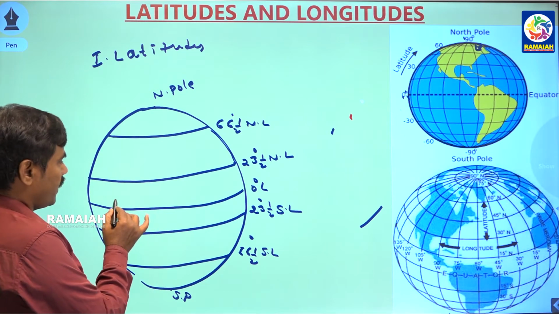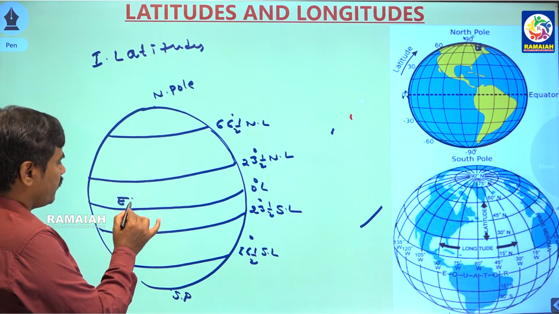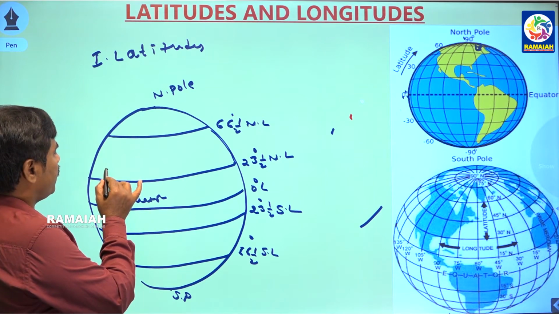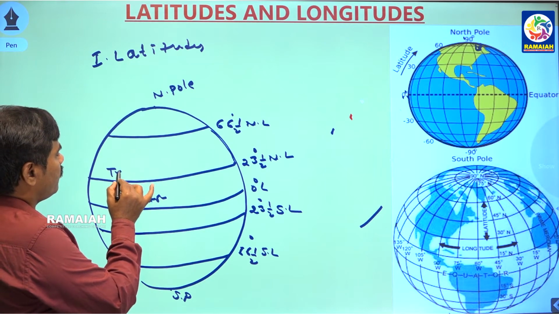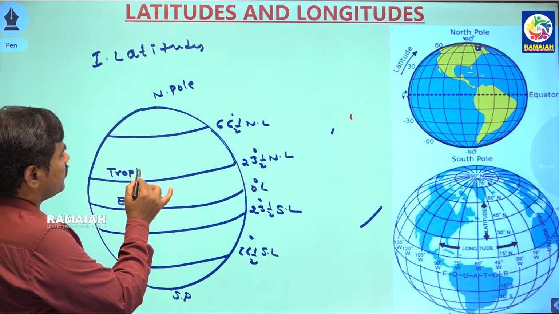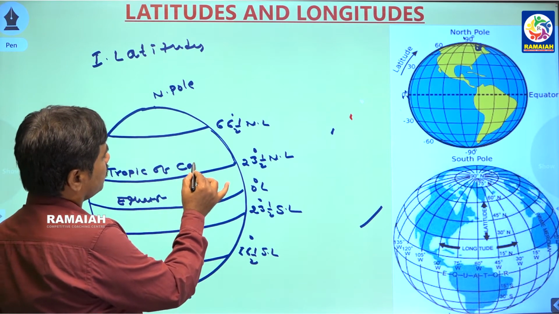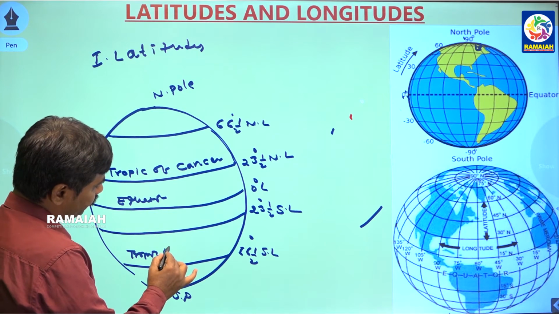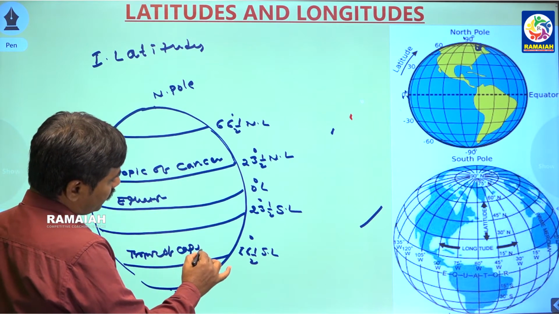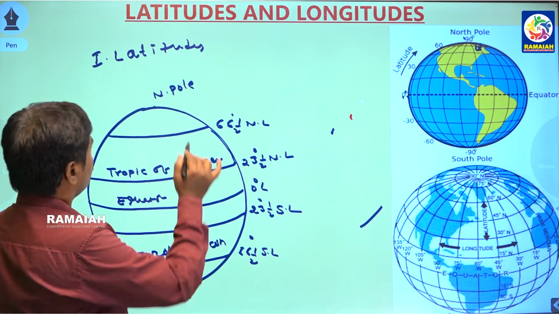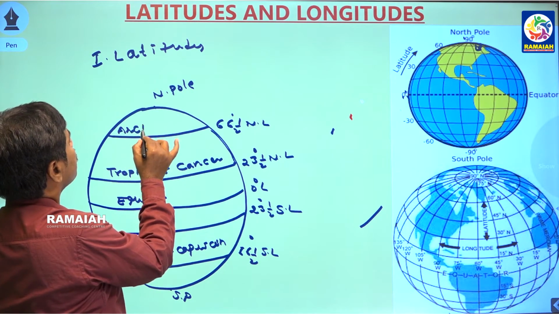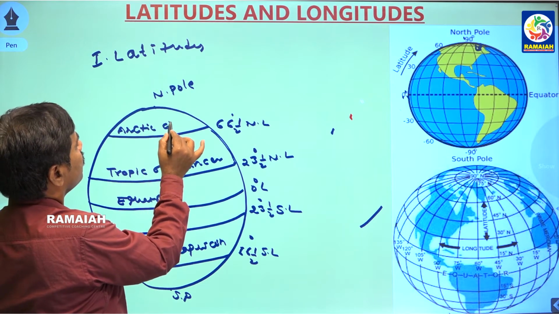Now you can see this is called the Equator. This is called the Tropic of Cancer. This is the Tropic of Capricorn. This is the Arctic Circle.